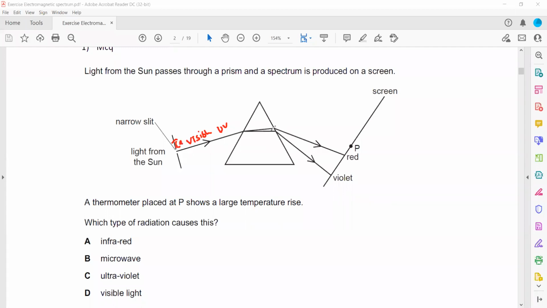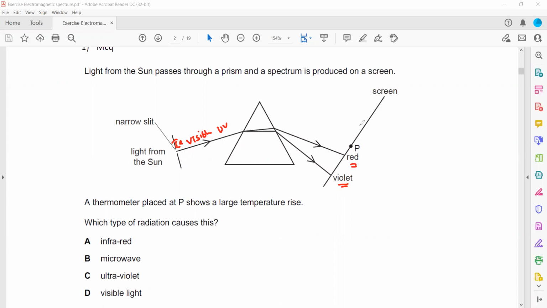The only part which you are able to see is the visible one, which includes violet, indigo, blue, green, yellow, orange, and red, where violet bends the most and red bends the least. The bending of the light depends on the frequency. The one which will have a higher frequency will bend the most.